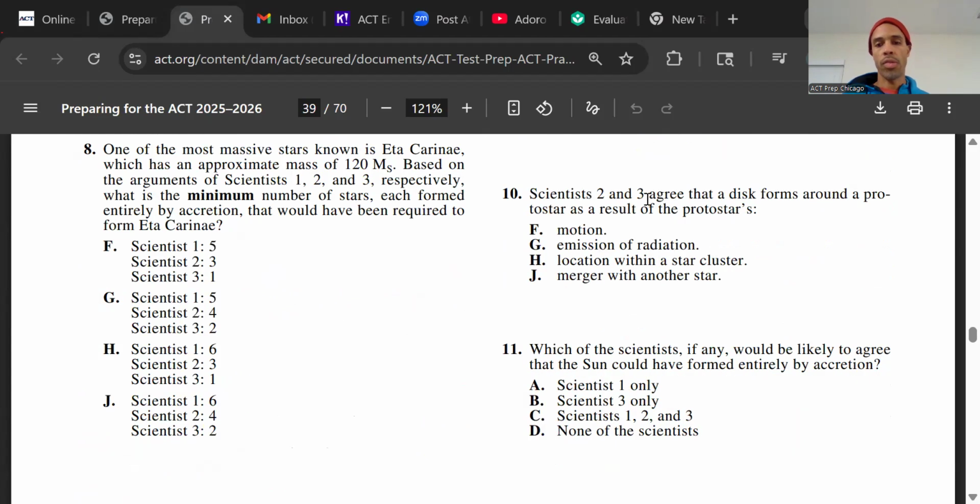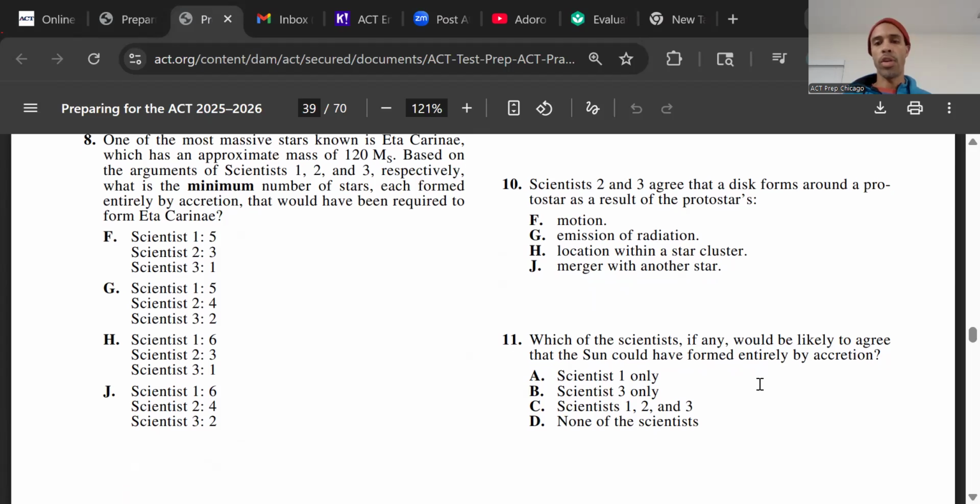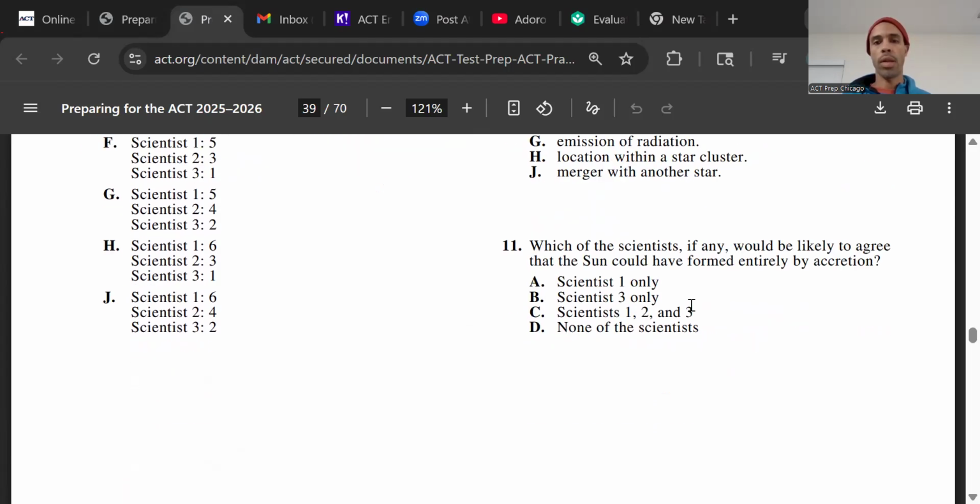So all three scientists would say that the sun could have been formed entirely by accretion. Scientist 1 would say you can make a star as large as 20 suns. Scientist 2 would say you can make a star the size of 40 suns. Scientist 3 says you can make a star as big as you want, no limit on how large a star could be formed by accretion. So that would be all three scientists.